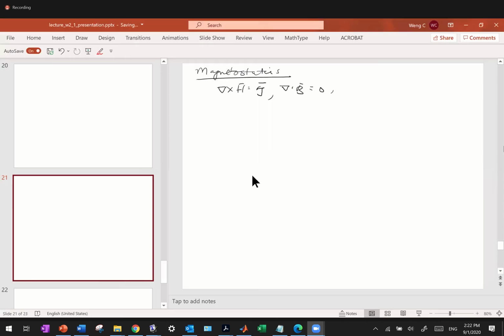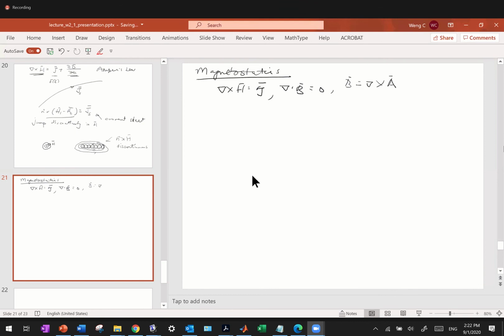Divergence of B equal to 0, then we have B equal to curl of A, and then we have Gauss law that we can derive from. Let me write it out properly. Gauss law.